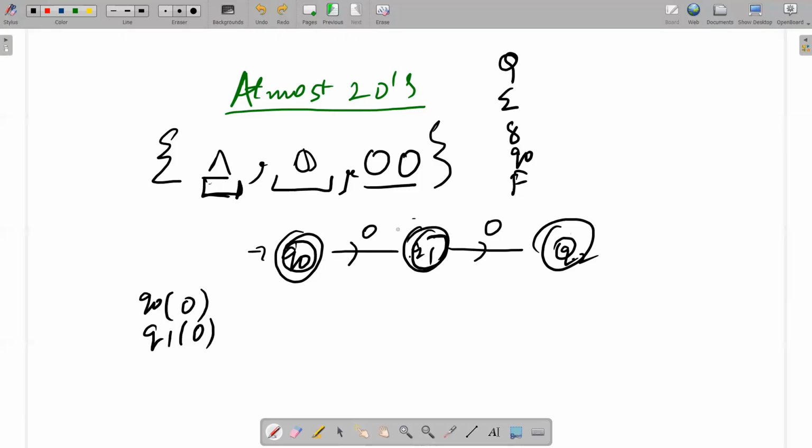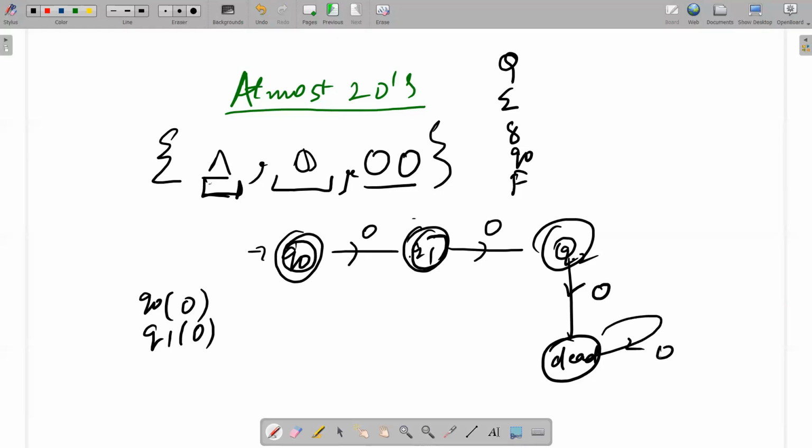So clearly there is only one answer, that Q2 cannot have anything from Q2, because maximum I can have only 2 zeros. Then clearly we will have a zero transition, and obviously it will be going to dead state, and dead state have all the transitions with it.